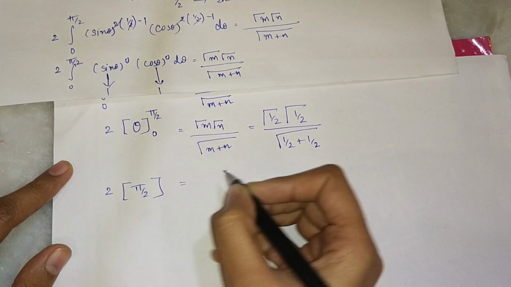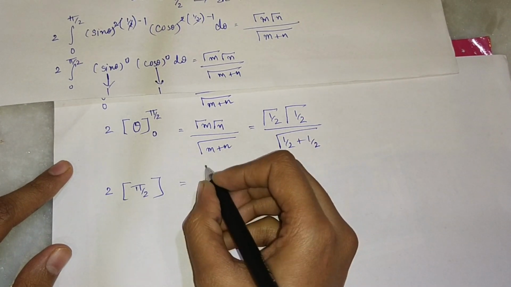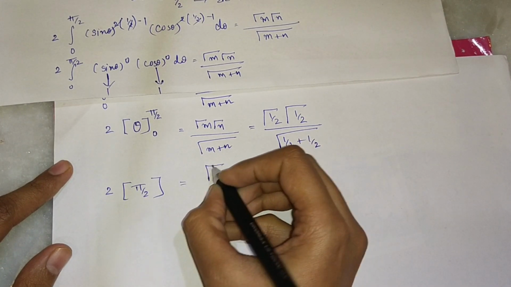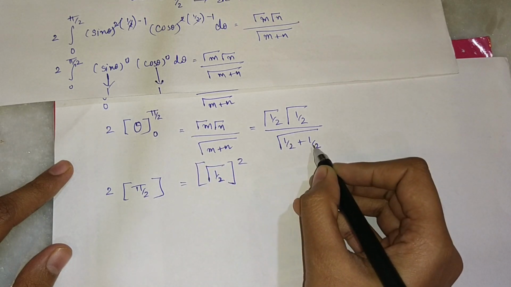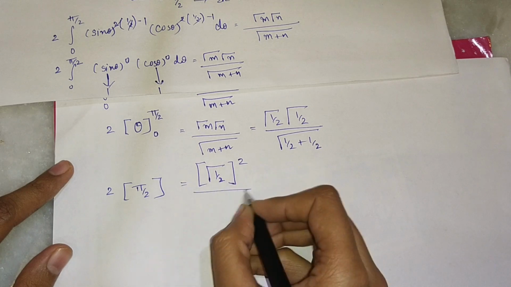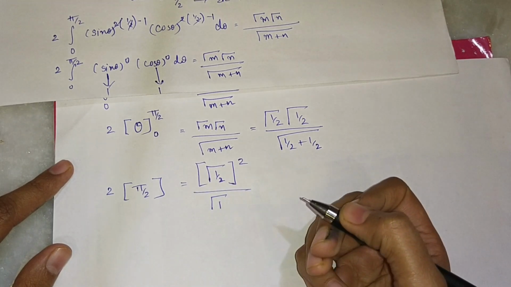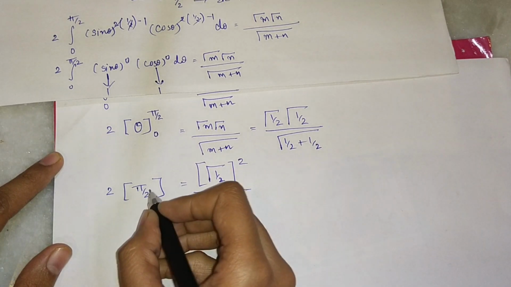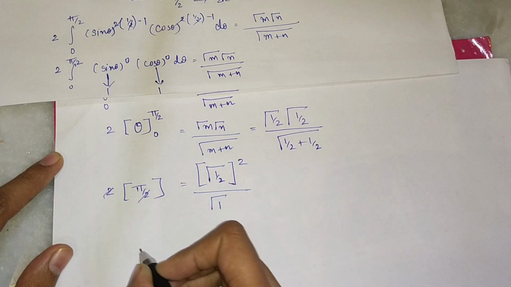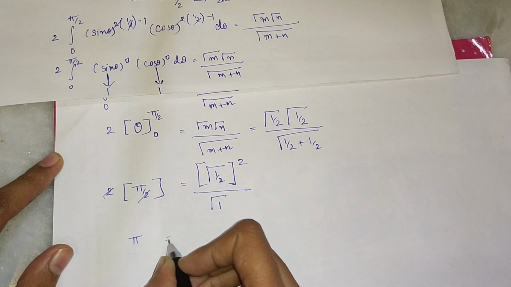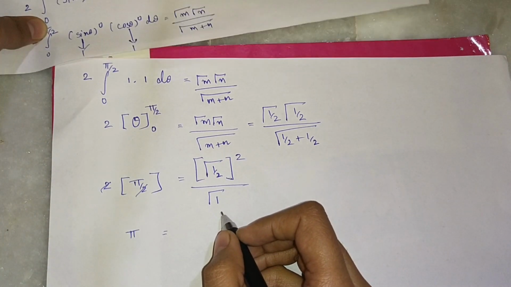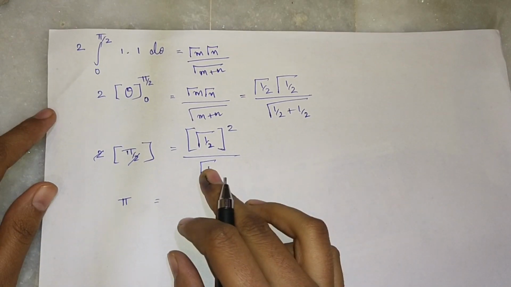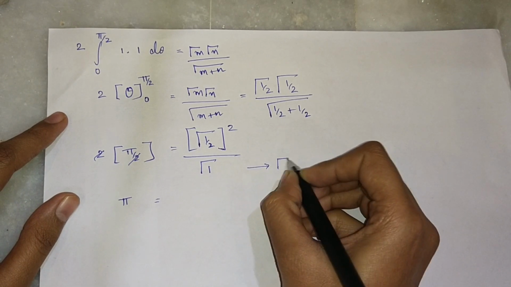So 2 pi by 2, and this will be gamma 1 by 2 whole square, and 1 by 2 plus 1 by 2 is 1. So here we will get gamma 1. Now this 2 and 2 get cancelled, so we get pi. And we have proved in the previous lectures that the value of gamma 1 is 1.